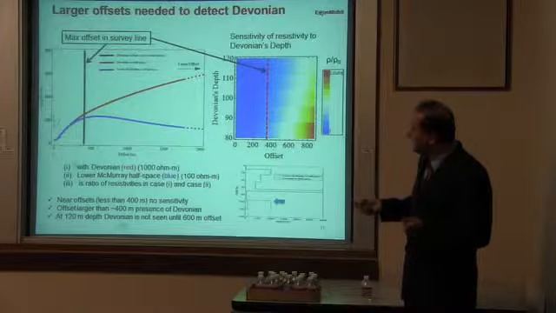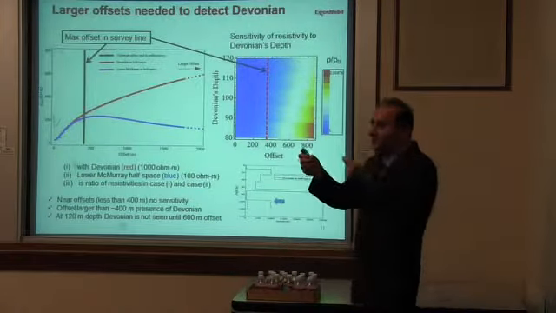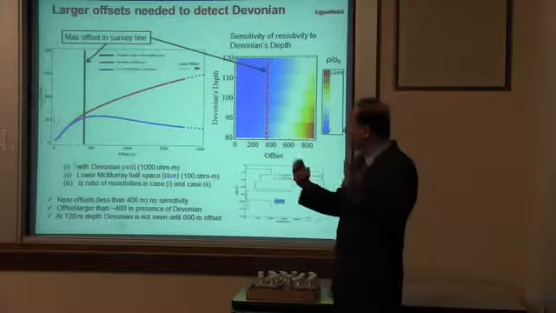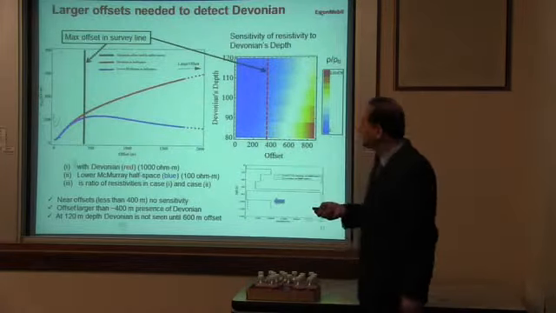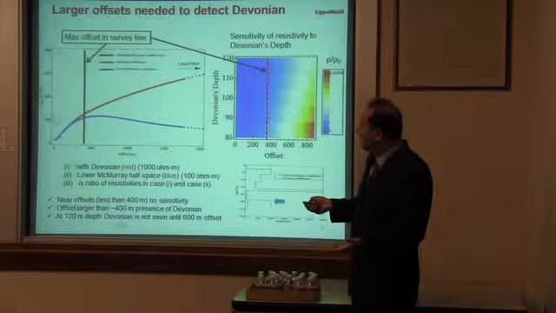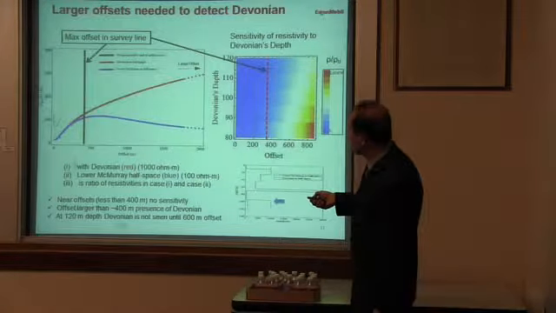What you see here is the resistivity versus the offset. Remember, the offset was the separation between the electric current dipoles and the potential dipoles. At small offsets, up to 400 meters, there is no separation between the two models.